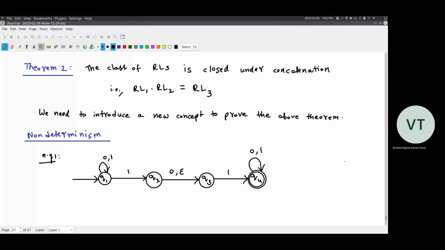There are multiple outgoing arrows for the same input symbol. There is more than one outgoing arrow for the same input symbol. But in a DFA, there is exactly one outgoing arrow for each symbol. There can't be less, there can't be more. For each state, for each input symbol, there has to be exactly one outgoing arrow. But in an NFA, there can be 0 or 1 or more outgoing arrows for any input symbol for any given state. Okay? Any other differences?